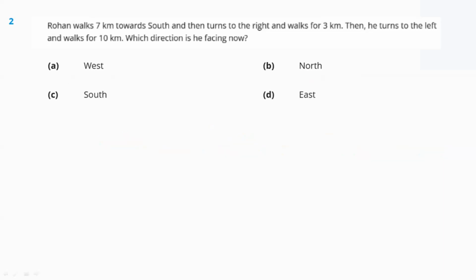Next, Rohan walked 7 kilometers towards south. So let's say this is Rohan. Before that, we need to draw the directions. This is north, this is south, this is east, and this is west. So Rohan walks 7 kilometers towards south and then turns to the right.